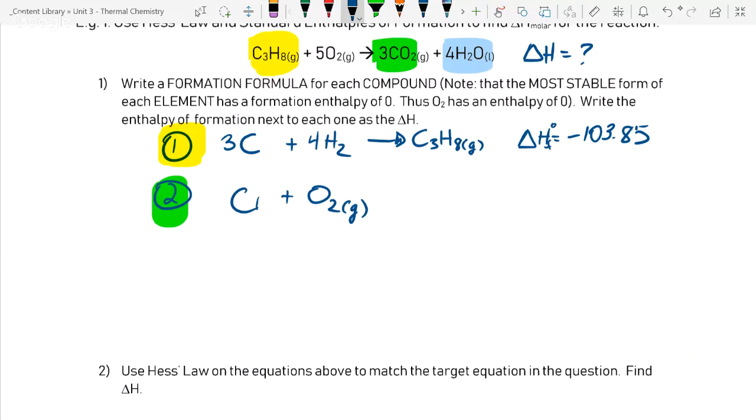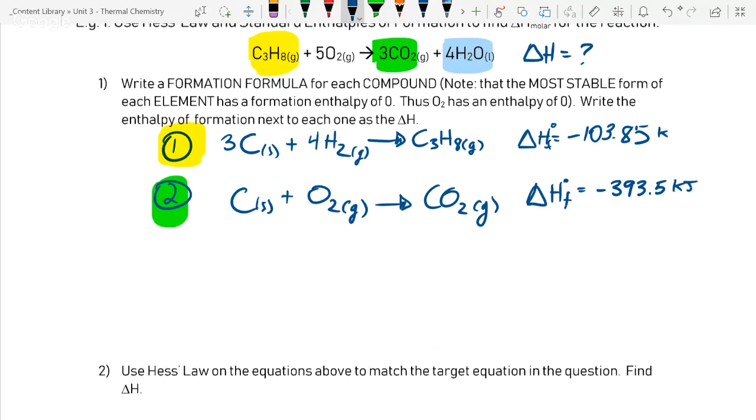And what's that going to give me? Obviously, it's going to give me CO2, but what's it going to give me in terms of enthalpy changes? Previous page. Negative 393.5 kilojoules. Good.